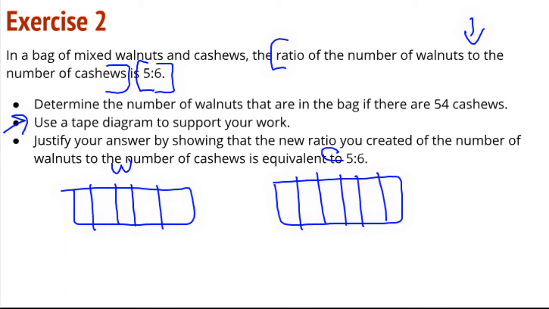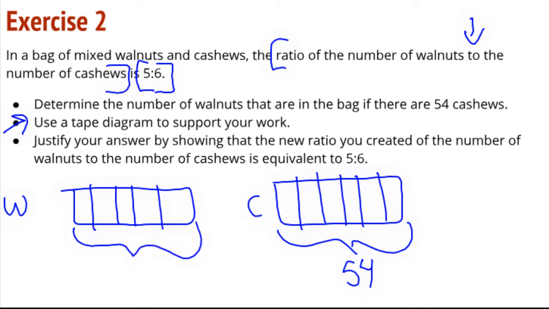Now let's not write over the top of things. All right, so this will be my walnut section. This will be my cashew section. There we go. It says there are 54 cashews. And I am trying to figure out what is the number of walnuts.